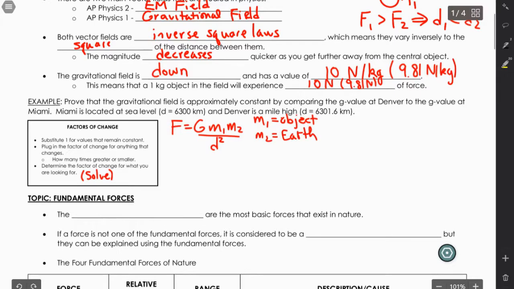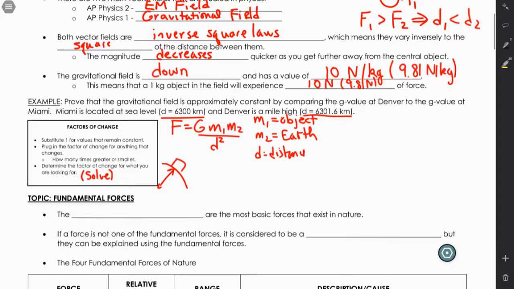The d is the distance between the two objects. If the object is on the Earth, the distance would essentially be the radius of the location.